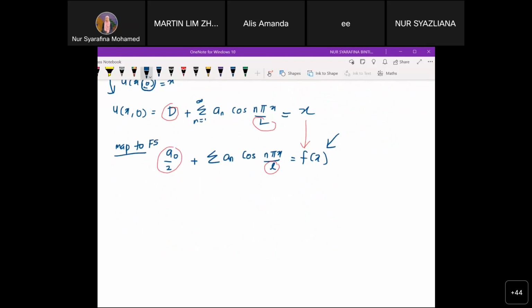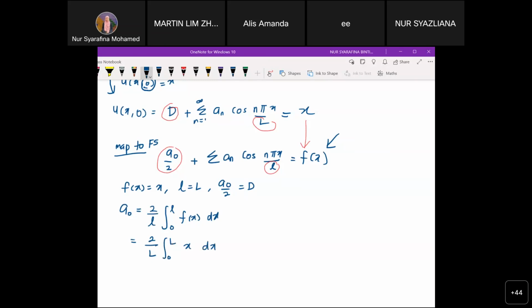From here you know that f(x) equals x, L equals L, and a0 over 2 equals D. By the Fourier cosine series, you know that a0 equals 2 over L times the integral from 0 to L of f(x) dx. By the Fourier series, a0 can be obtained from this formula. L is L, f(x) is x.